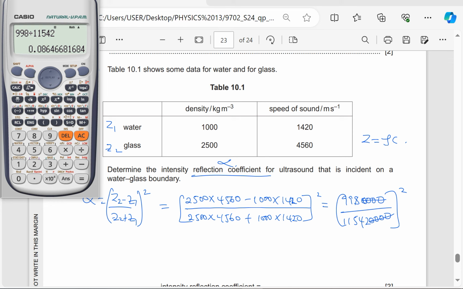Let me check this again. So 2500 times 4560 minus open brackets 1000 times 1420. 998 and 4 zeros. 2500 times 4560, okay, then plus 1000 times 1420.